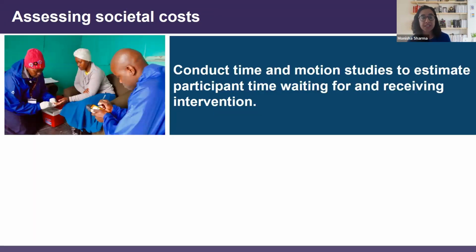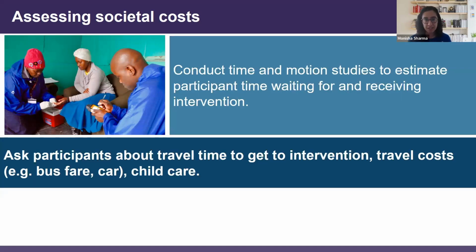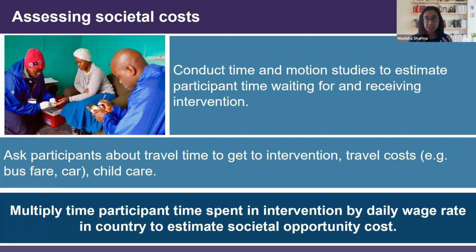We also did some time and motion of patients waiting and receiving the intervention. And this can be combined with their travel time and their travel costs to estimate the societal costs of the intervention. You can use an average daily wage rate in the country to estimate societal costs associated with different interventions.